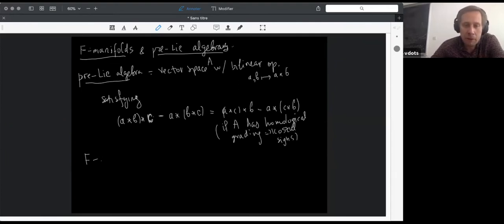So F-manifolds were invented much more recently, in the 1990s, by Klaus Hertling and Yuri Ivanovich Manin.